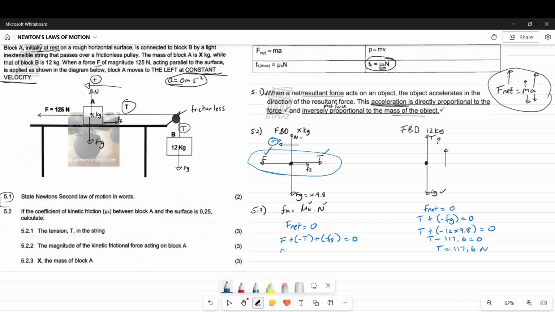So F is 125 minus tension, which we do know, which is 117,6, plus, which is going to be plus times minus becomes minus, FF is equal to what? 0, right? So now all you can do is transpose FF that side. Now you can sum this up.